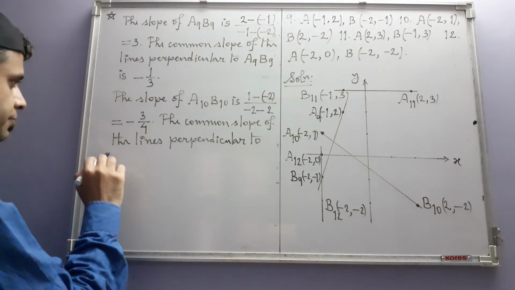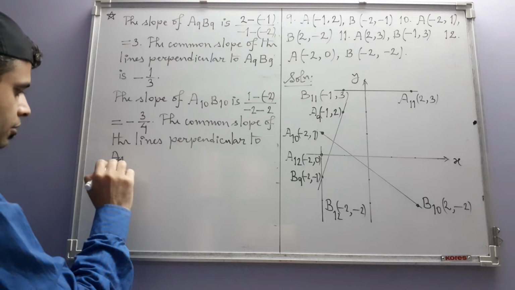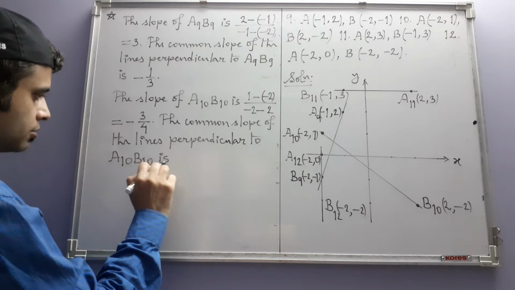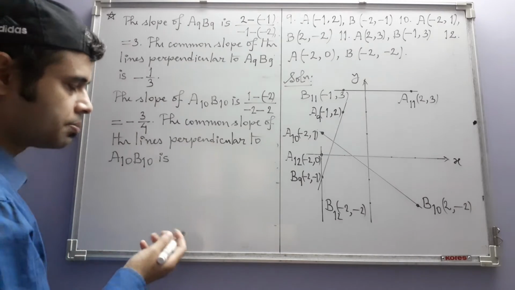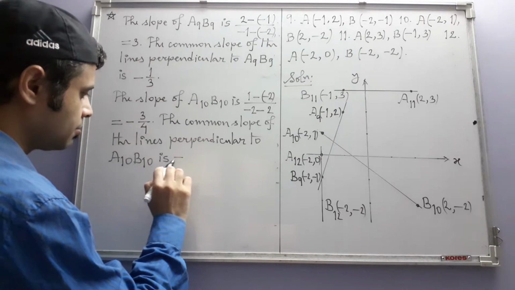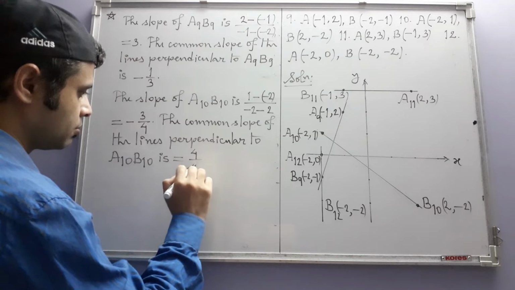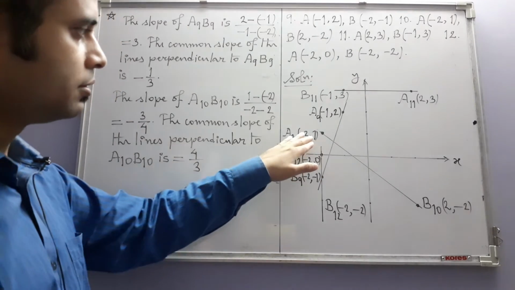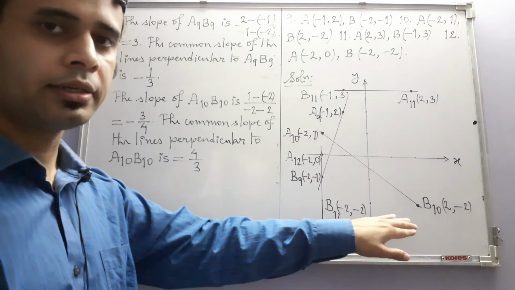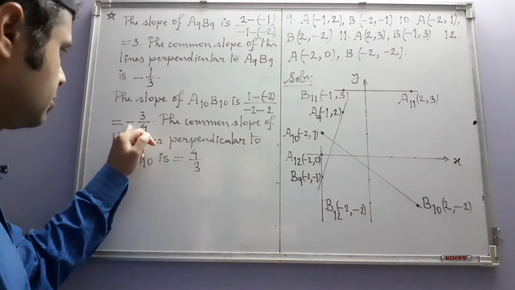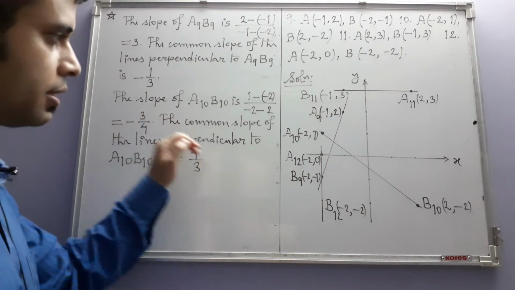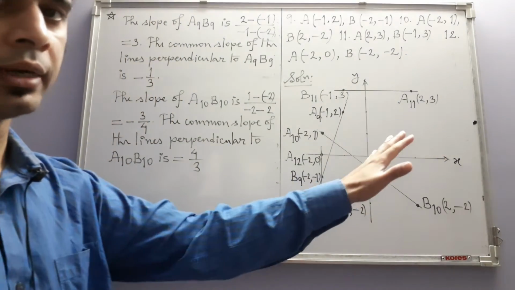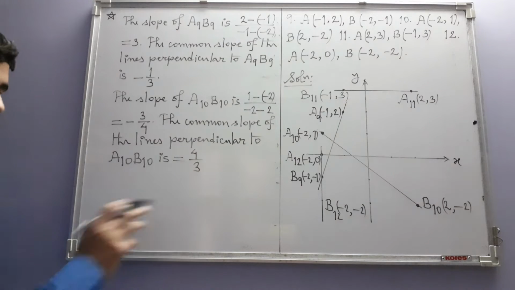It is, you take the reciprocal and multiply by -1. So you can see one thing. Here the original line is going downhill, and that is because of this minus sign. The lines perpendicular to it will go uphill in that direction, so they have positive slope.